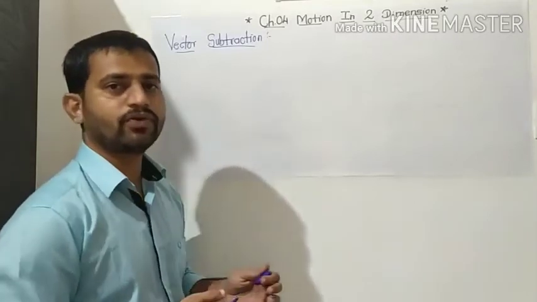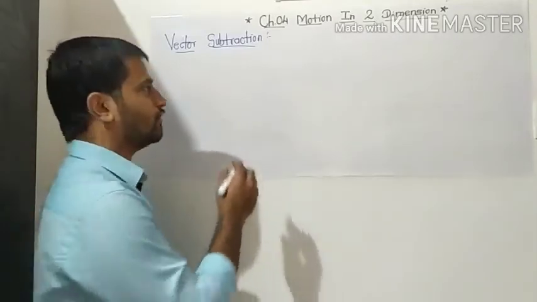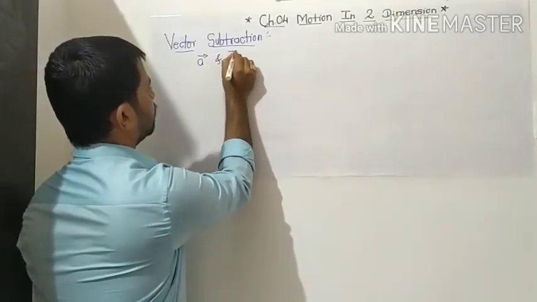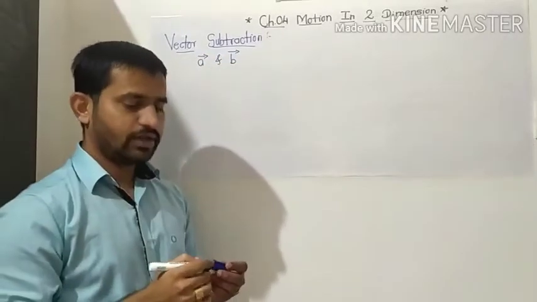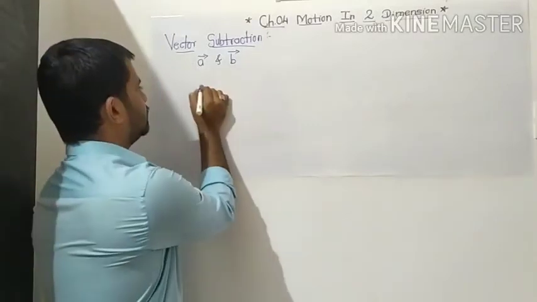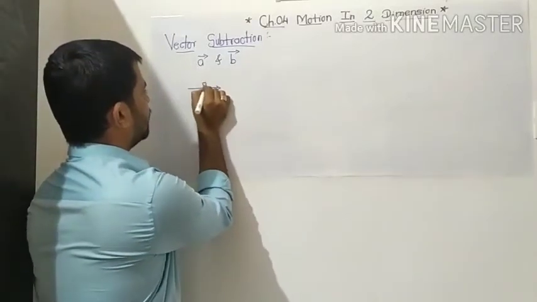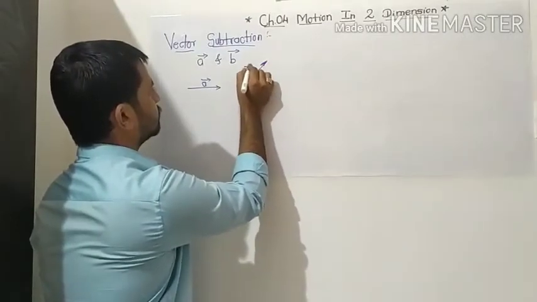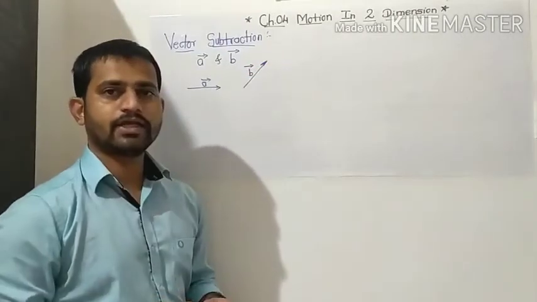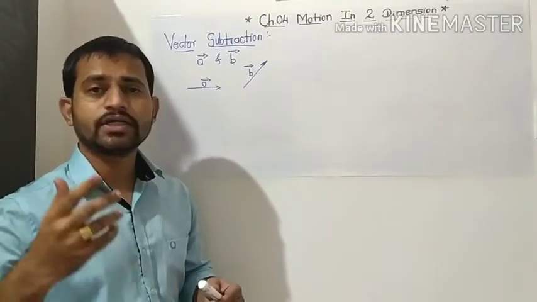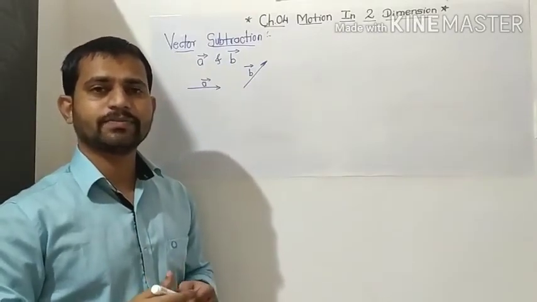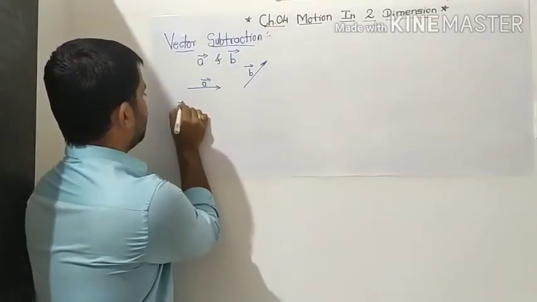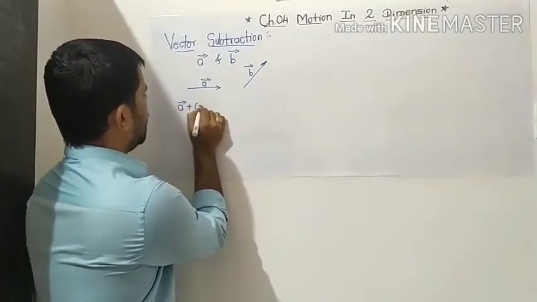Suppose we have to subtract vector B from vector A. This is the vector A and this is the vector B. To get the resultant for the addition or subtraction of these two vectors, we go for A plus minus B.